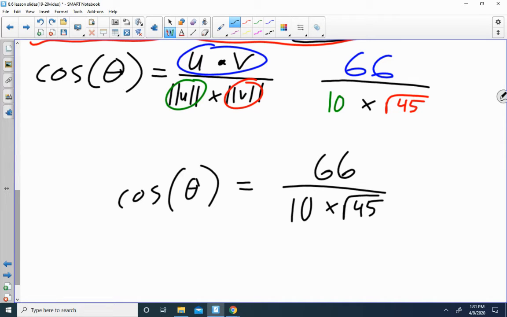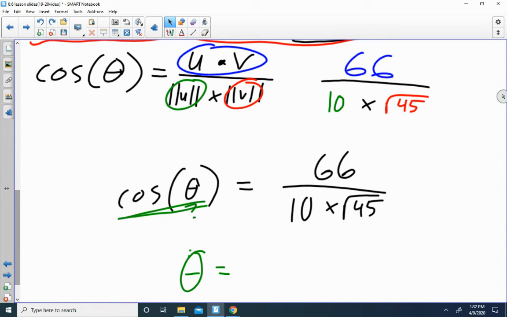All right. Now, some of you are probably thinking, oh, that's my answer. I'm done. Oh, wait a minute. Remember, we're trying to find what the angle is, specifically just the angle. Not cosine of the angle, just the angle. So in other words, we got to figure out how to get rid of that cosine.